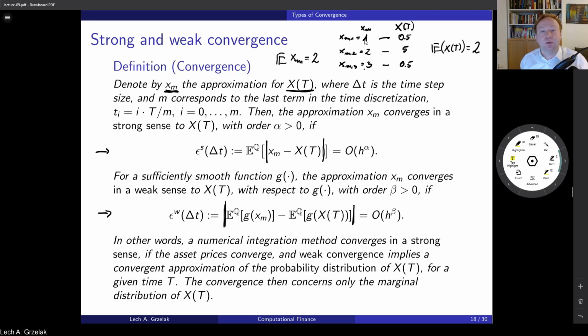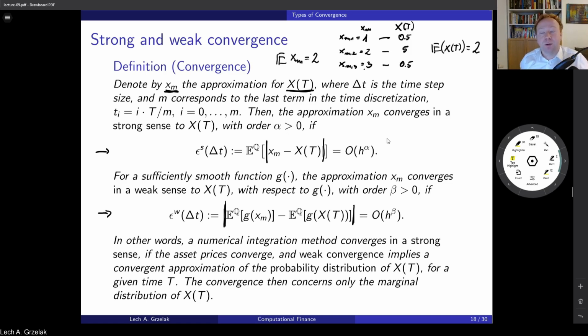So you see, although at the path levels we have something which completely doesn't match, overall, if you look at the means, then we have a nice match. So obviously we can see that this is nicely convergent in a weak sense, but definitely is not convergent in a strong sense. And this is often the most important part. Once you talk about convergence on the path level, then we talk about strong convergence. If we talk about convergence on the expectation level, at the moment level, then we talk about weak convergence. So this is something to keep in mind.